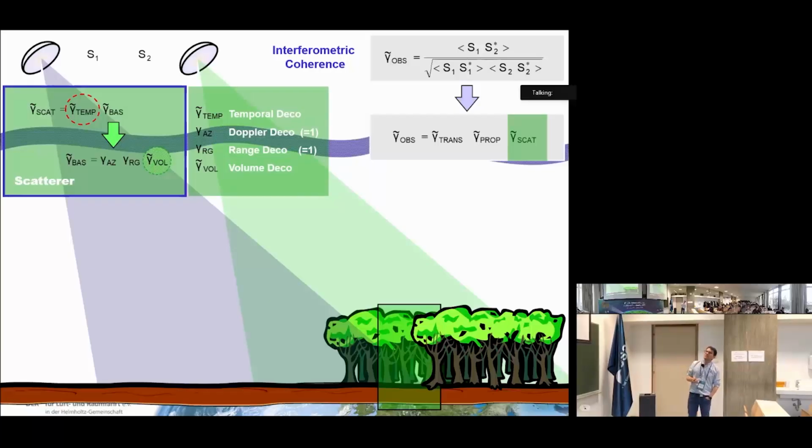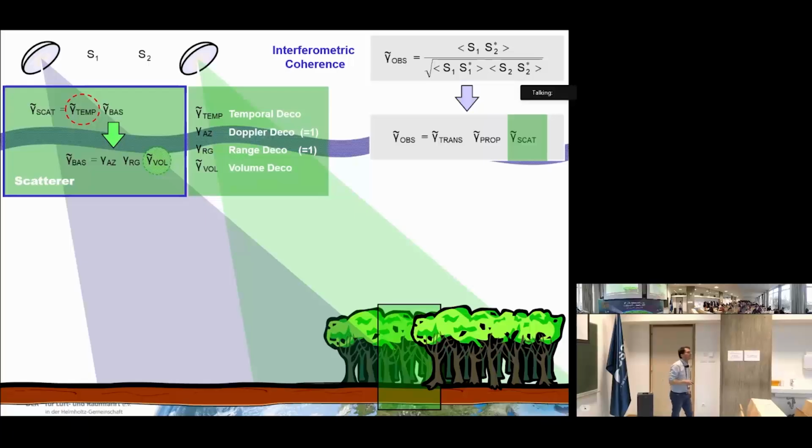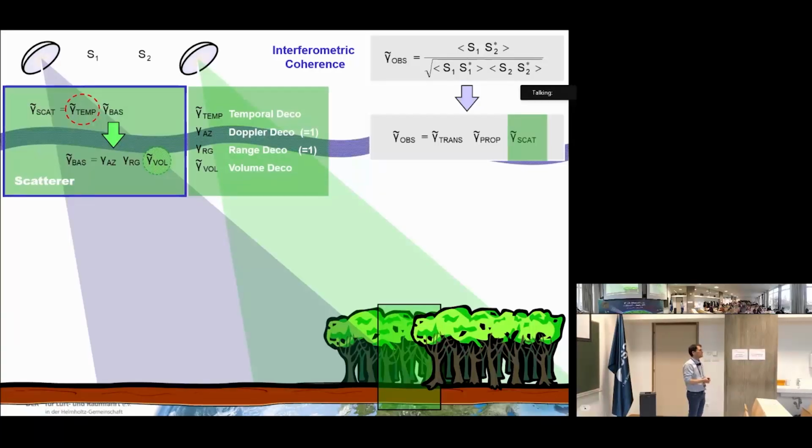Especially in the biomass case, as we will see this afternoon, there is one important term, gamma range. This is a decorrelation that depends on the fact that your resolution is so large that by changing position, you already see different portions of your reflectivity spectrum. This causes a decorrelation.